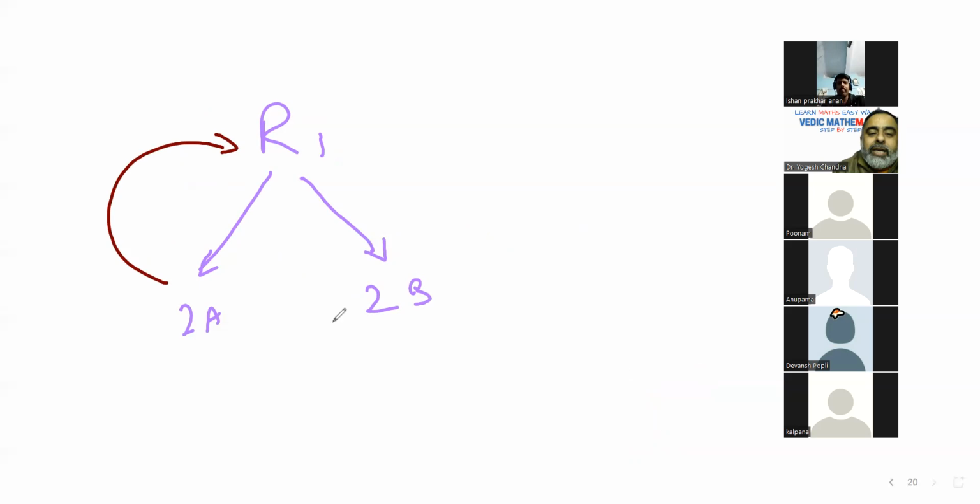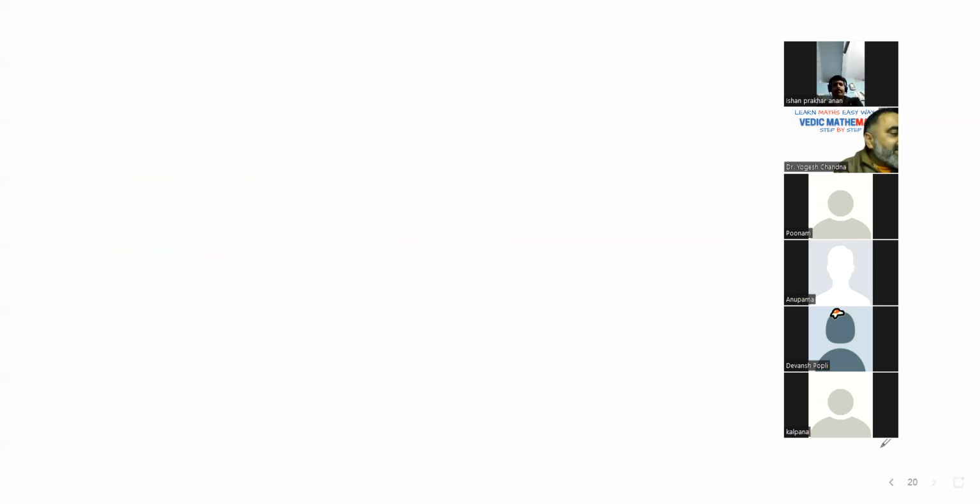But after 2B, you can repeat this much. Clear or any doubt still? No, sir, all clear. You have to solve one correctly, Sudhanshu. Before that, how can I expect you to say it is clear?